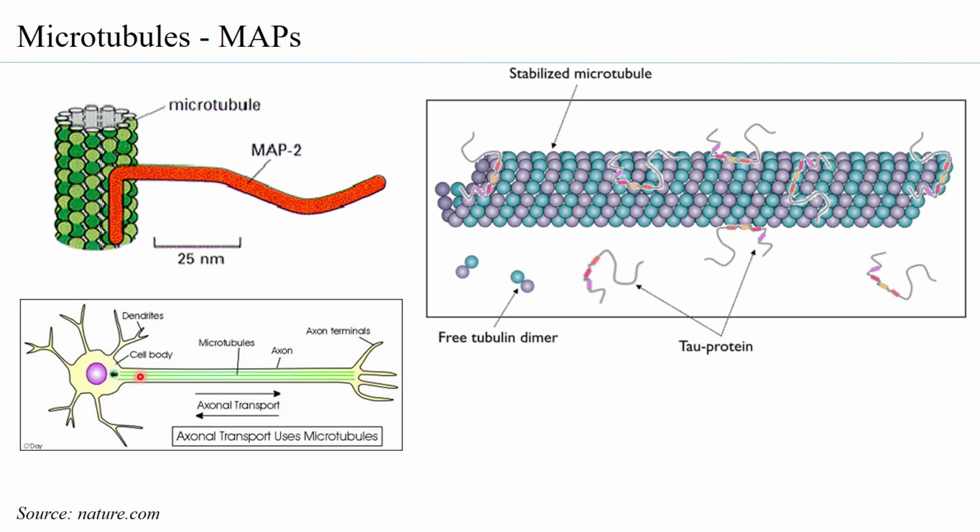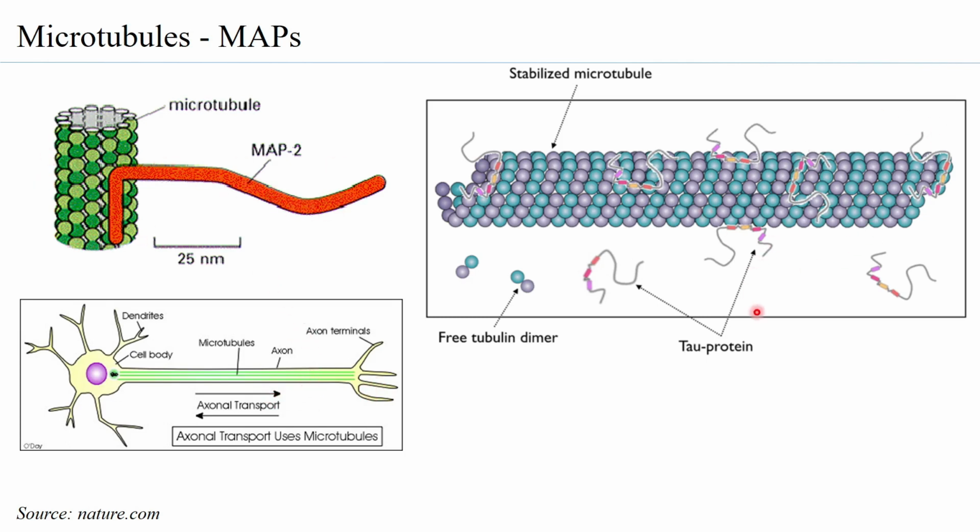If this microtubule is stable, then the transport is going to be efficient. If it is not stable, if it is assembling and disassembling, then the transport is going to be disrupted. So, to ensure that the microtubules that have assembled in the axon remain polymerized, you have microtubule associated proteins coming and binding.